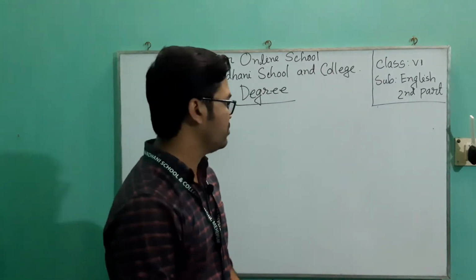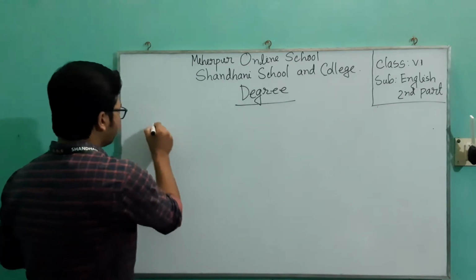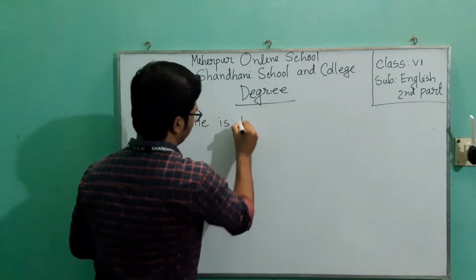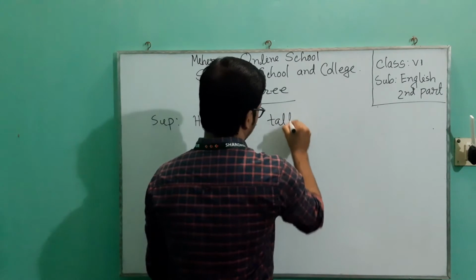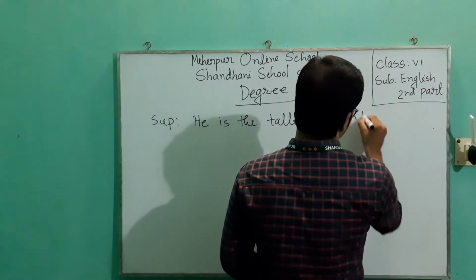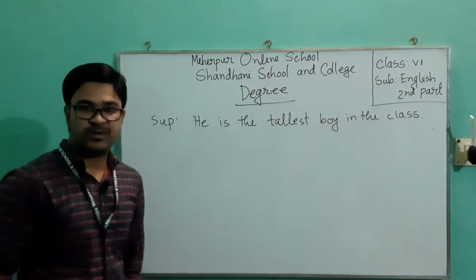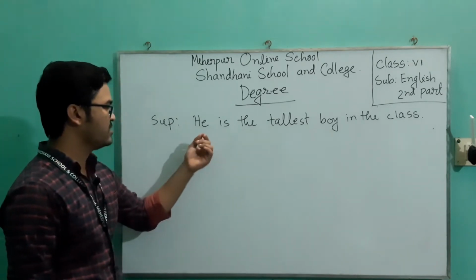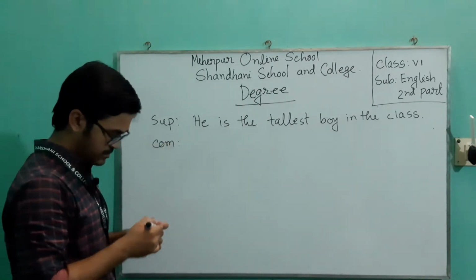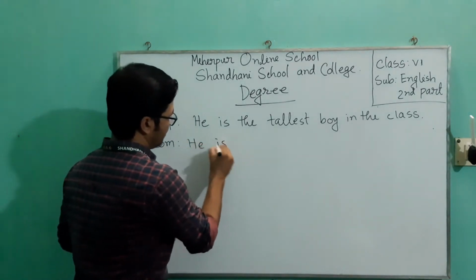So now we will learn the changing on sentences. He is the tallest boy in the class. Here is a superlative sentence or superlative degree. So we have to change it into comparative. At first we have to write subject and verb. He is.